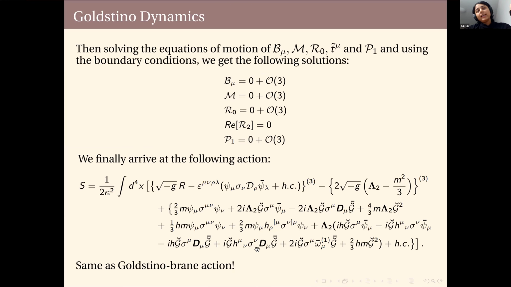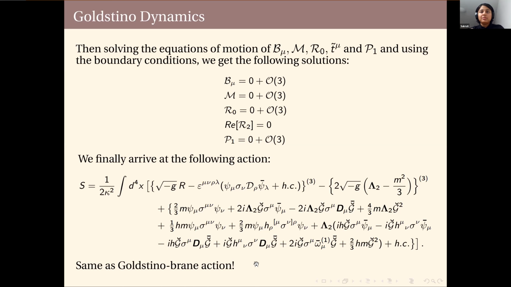And this is exactly the same as the Goldstino-Brane action perturbed up till the third order in field fluctuations. Now, in the beginning, when I was showing you the Goldstino-Brane action, on one particular slide, I said that when we perturb the action up till third order in fields, that's what it looked like. And I said that I will come back to it. So basically, that action was exactly the same as this action.